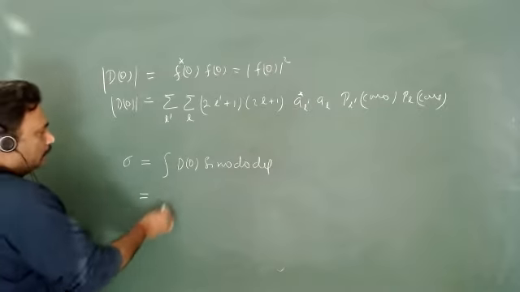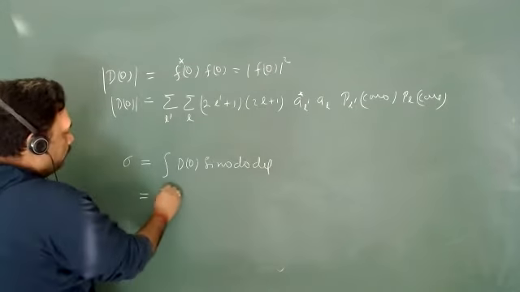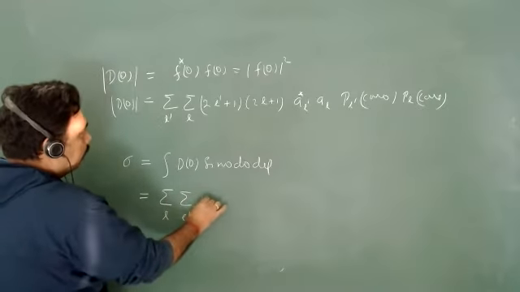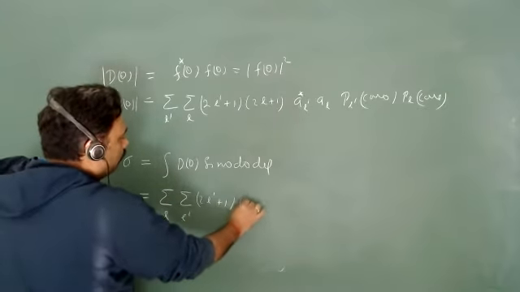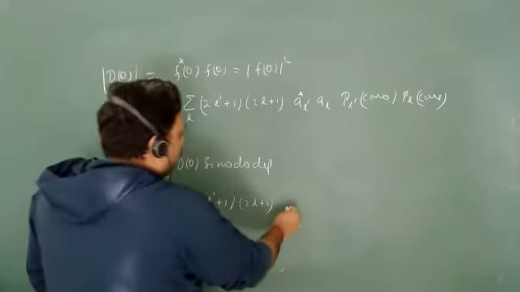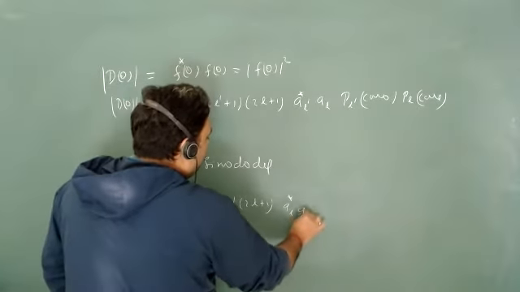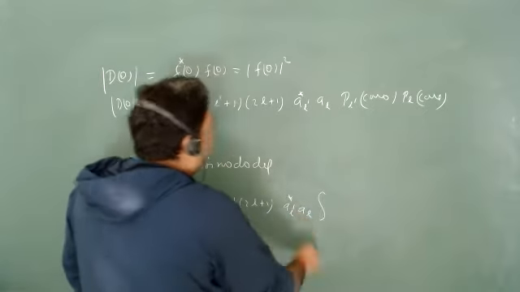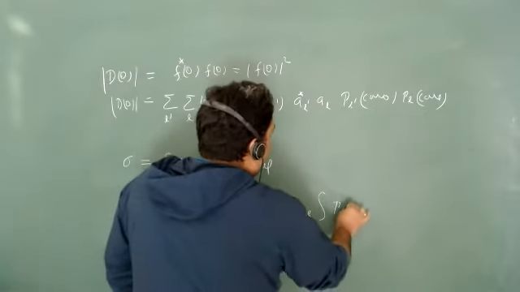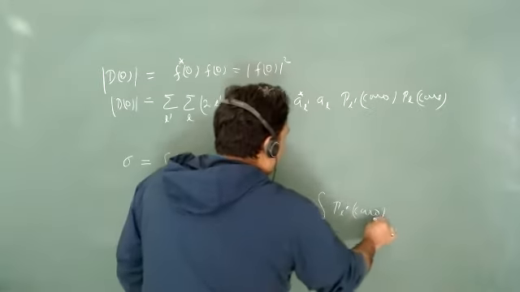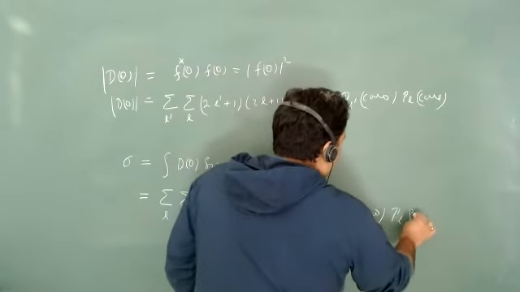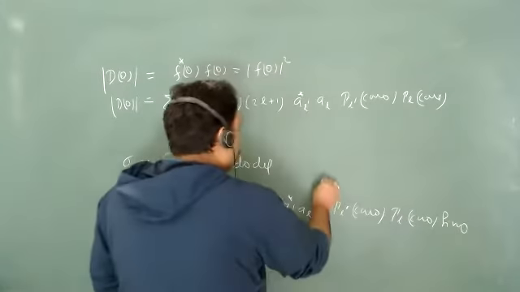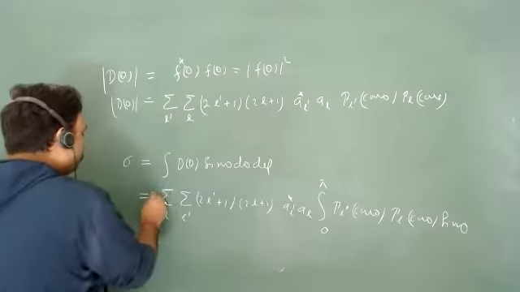And when we go for this, obviously I have a summation, and this is a double summation over L dash and L, 2L dash plus 1, 2L plus 1, and here we have AL star dash AL, and the integration of PL dash cos theta, PL cos theta, sin theta, from 0 to pi, and d phi is nothing but 2 pi.